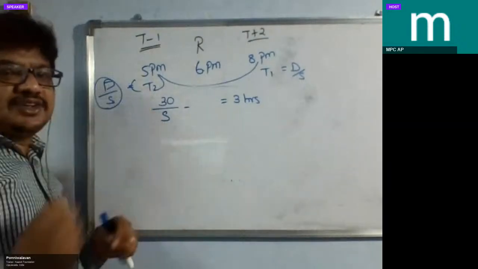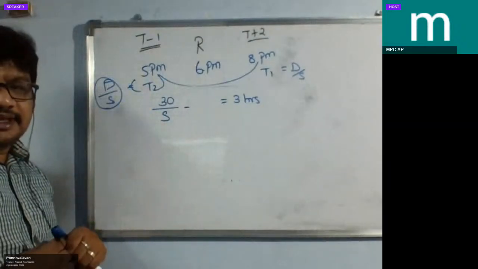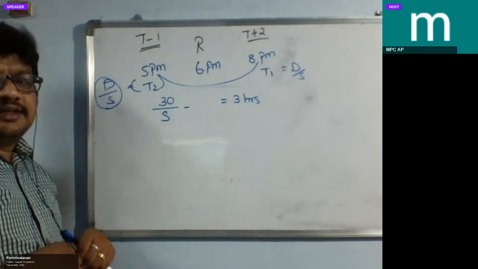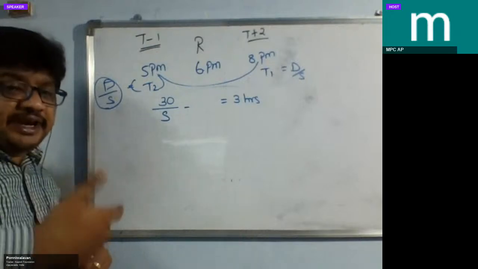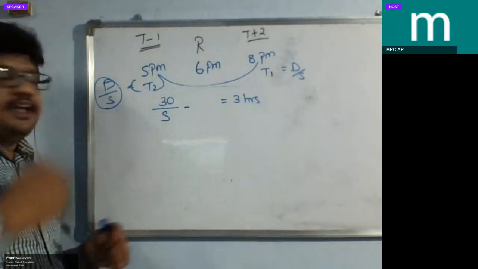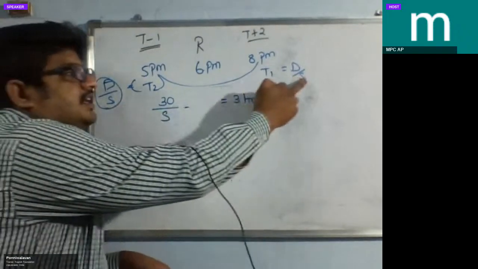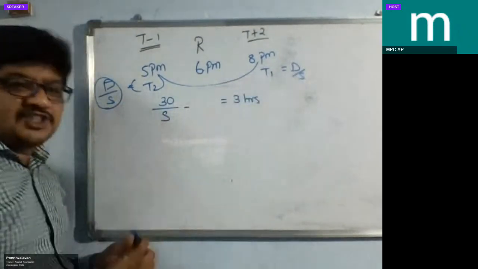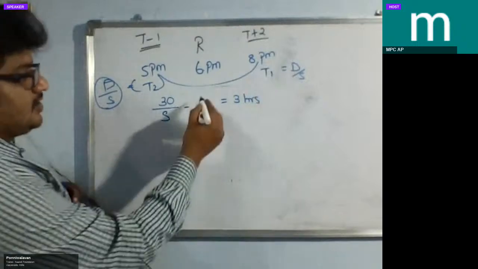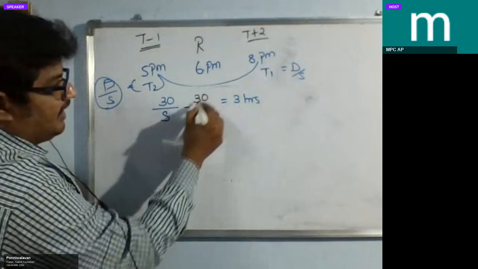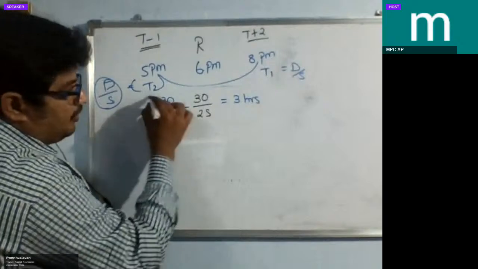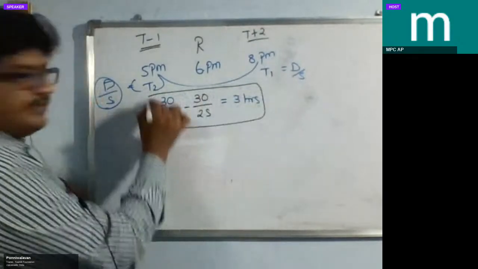By doubling his speed. Initially he went at speed s. Now what is the speed? 2s. So 30 divided by 2s. Are you clear about this?